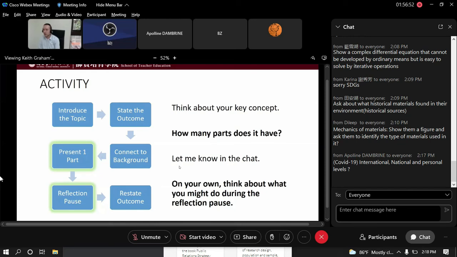Okay, that's one possible way to divide it. International levels, national levels, and then personal levels. Alternatively, since you're using SDGs, you could divide it by the specific SDGs or groups of SDGs.